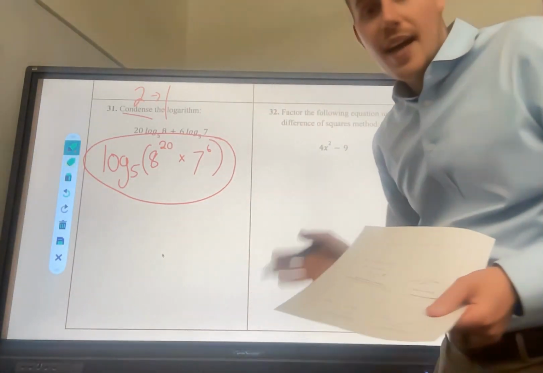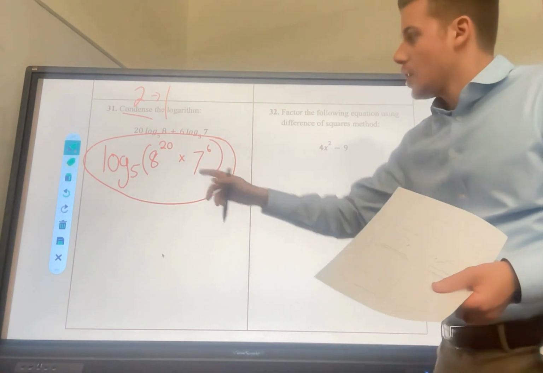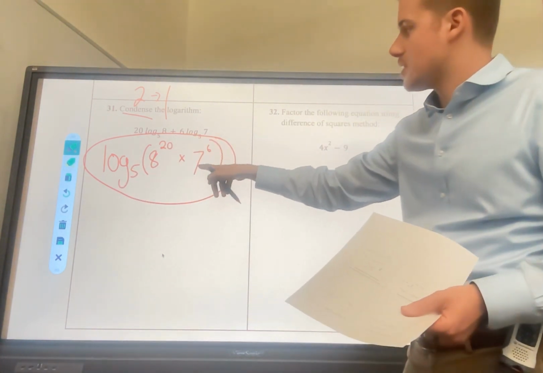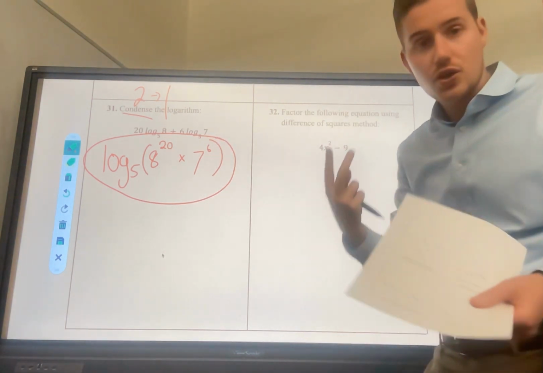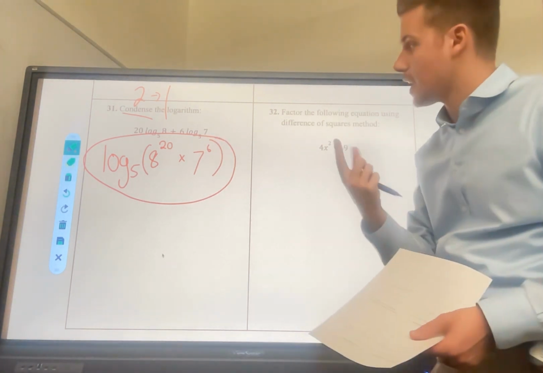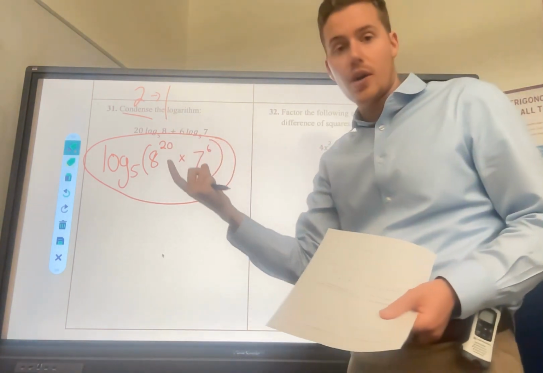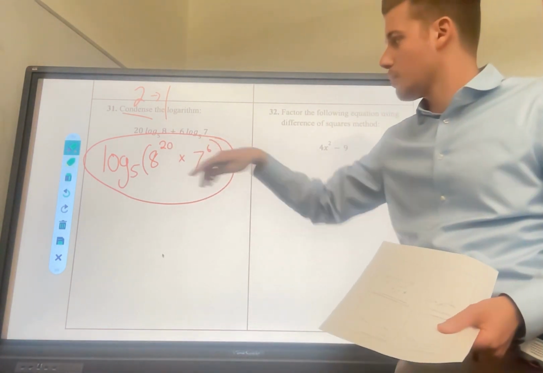All right, and that's all there is to it. Log base 5 of 8 to the 20th times 7 to the 6th. And so 2 things happened. The first thing is I used my rule to say I can rewrite 2 logarithms as a single logarithm using multiplication.